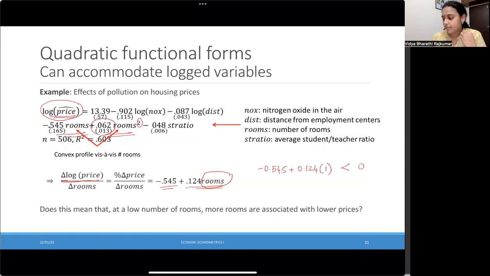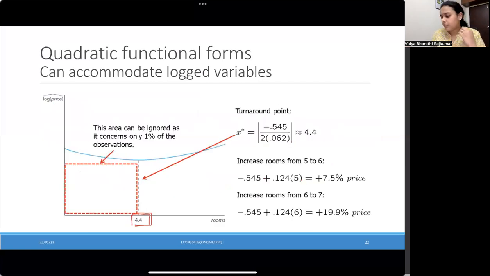You could try that in the previous case by looking at minus 0.545 plus 0.124 into 2. So you're at 2 rooms and increasing to a third room, and so on. Until you get to a certain turning point, a critical point, which in this example is about 4.4 rooms, which again is just that point where the slope of the tangent to that curve is 0.